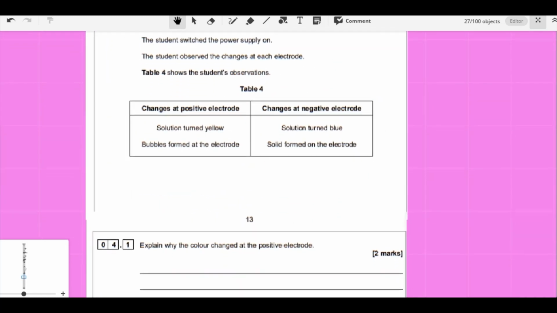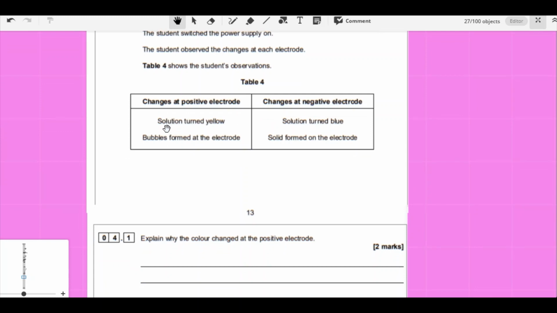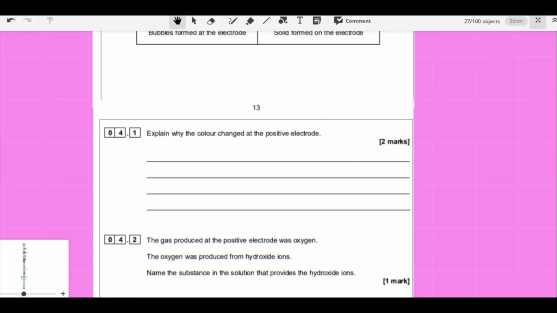The table is also given: changes at the positive electrode, the solution turns yellow and bubbles form at the electrode, while changes at the negative electrode, the solution turns blue and solid forms on the electrode. The question is: explain why the colour changes at the positive electrode.